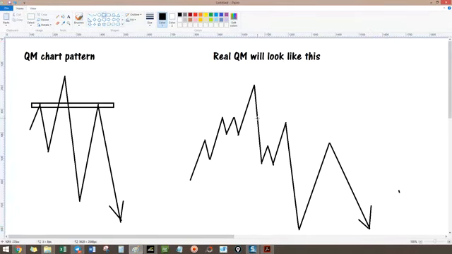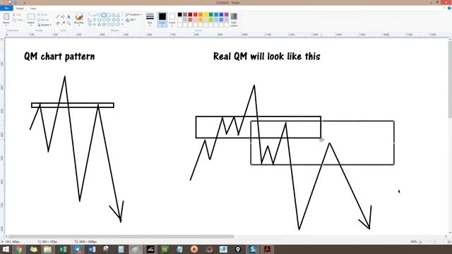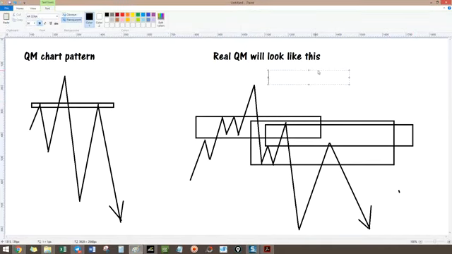Area QM will look something like this, and then like this, and then like this. Okay, this one, next topic. We will learn this on the next topic. Please focus on the current one.